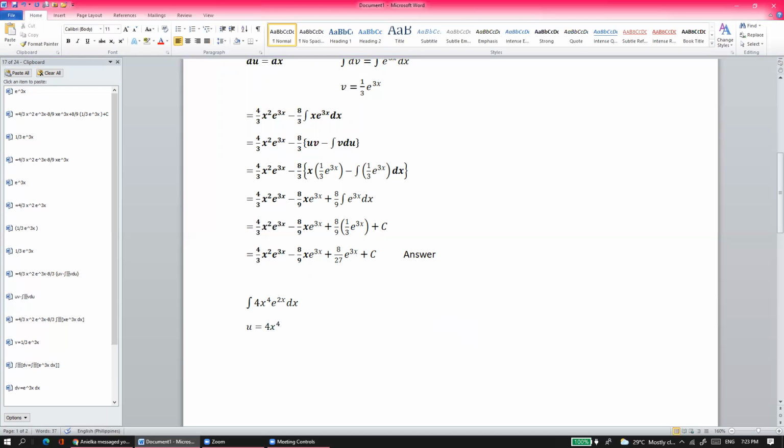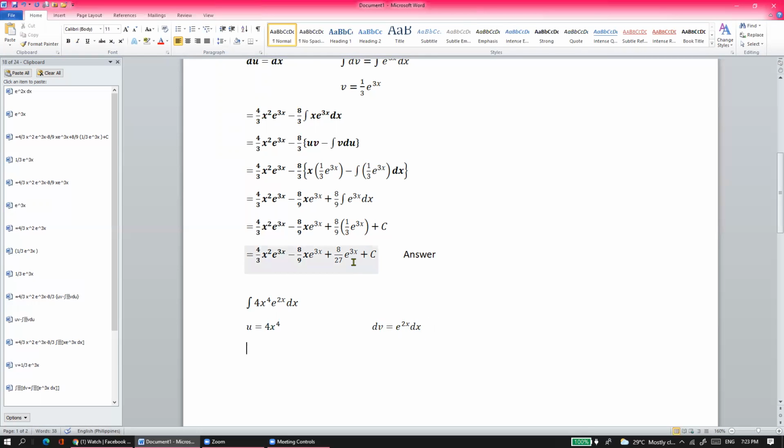And then, yung dv naman natin ay ito. Yung portion na yan. So, copy ko lang siya. So, this is now the value for our dv. Masanay kayo sa mga ganyan.